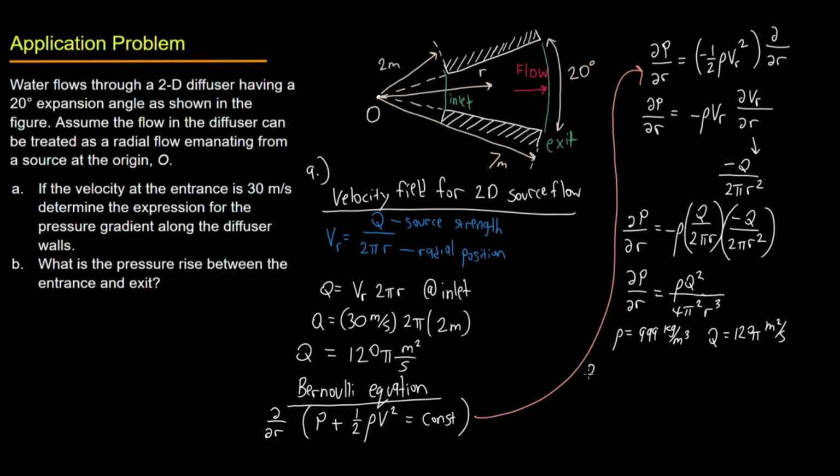And what we'll get is dp/dr is equal to 999 kilograms per meter cubed times 120 pi meters squared per second, quantity squared. Then we'll get the 4 pi squared, and then it's all with respect to r cubed. We can evaluate this, but I'm going to do that on the next sheet.